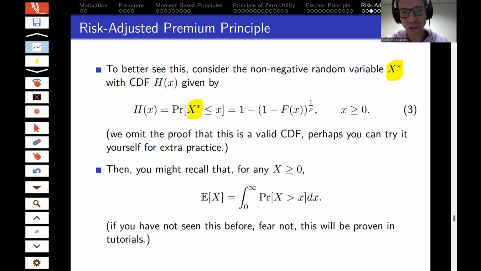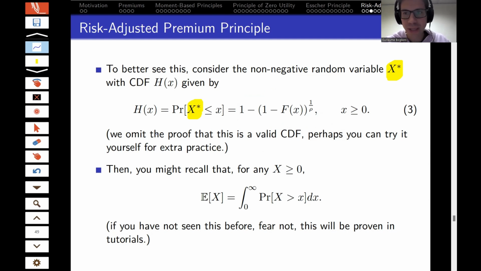But big F is itself right continuous, by definition, because it's a valid CDF. Here, you can say it's some continuous function of big F. A continuous function of a right continuous function will give you a right continuous function. Hopefully you agree or you trust me that this is a valid CDF, H.